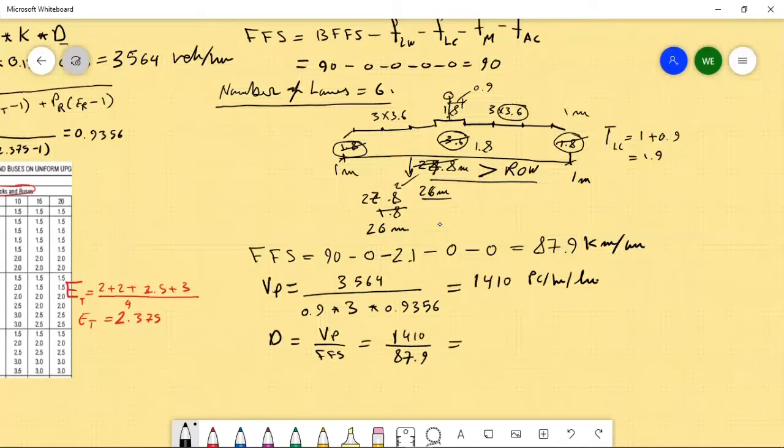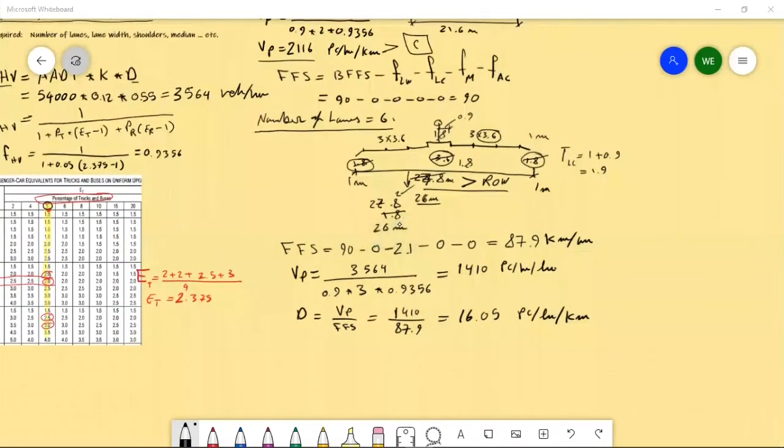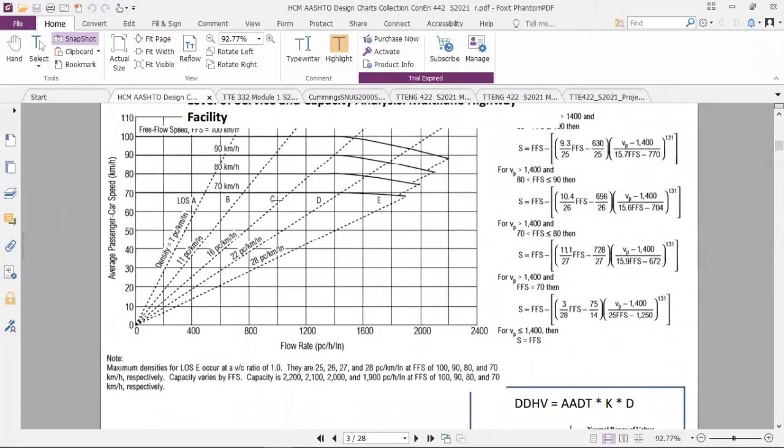So this will be 16.05 passenger cars per lane per kilometer, which is just a C. Okay, it's right at the boundary. You see, that's the C, and it's slightly above the limit. We can consider this is C, but this is at the maximum.